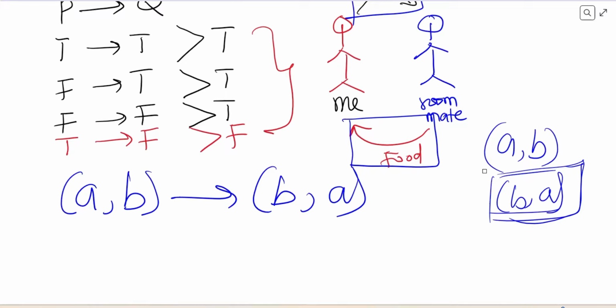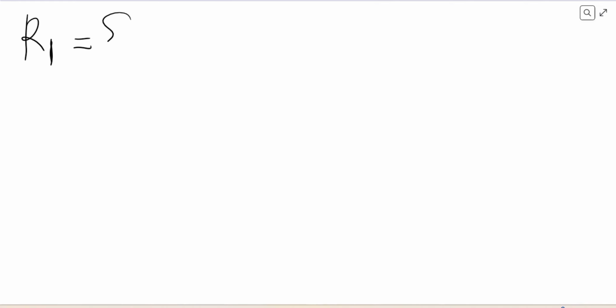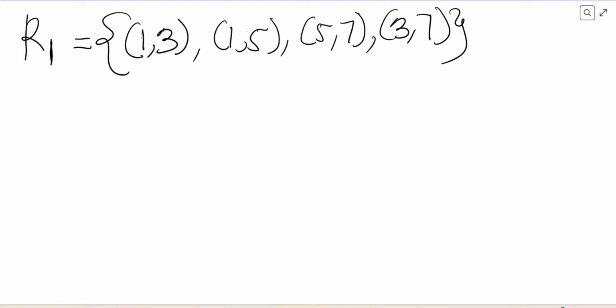Don't worry if you don't understand this. Let's take an example and you will understand. Assume you have R1 equal to the given set of pairs. Is R1 symmetric?